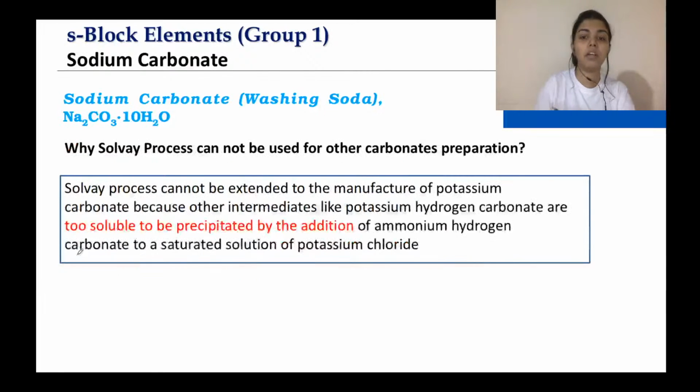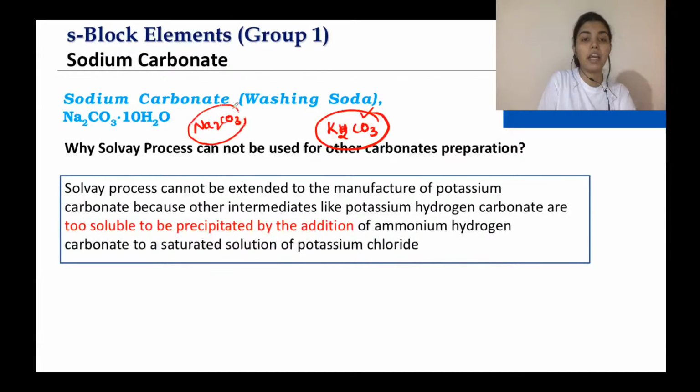Now, why can the Solvay process not be used for other carbonate preparation? For example, let us say that we have potassium carbonate, K2CO3. Why is it not used to prepare potassium carbonate but only sodium carbonate, right?